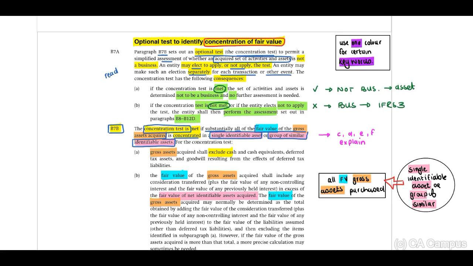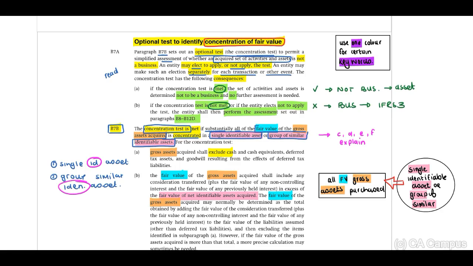Look at this, guys. We are talking about a single identifiable asset or a group of similar identifiable assets. Okay, now let's first have a look at what is identifiable.